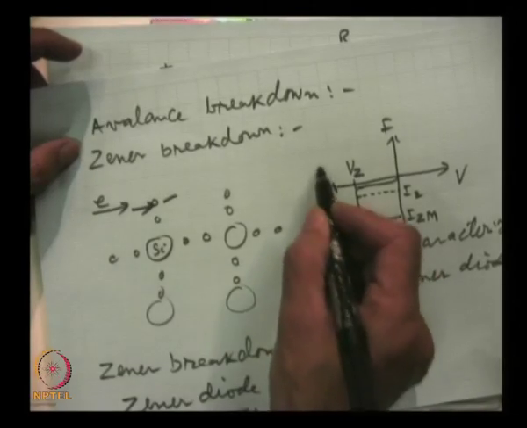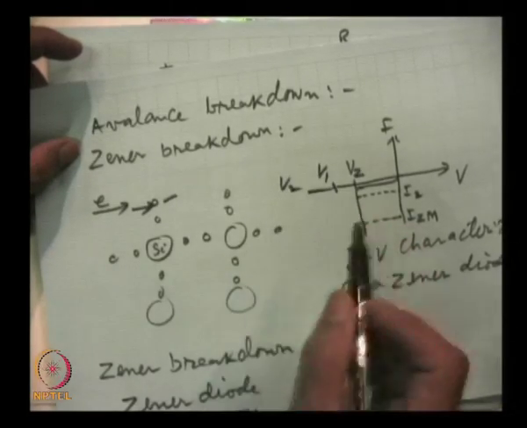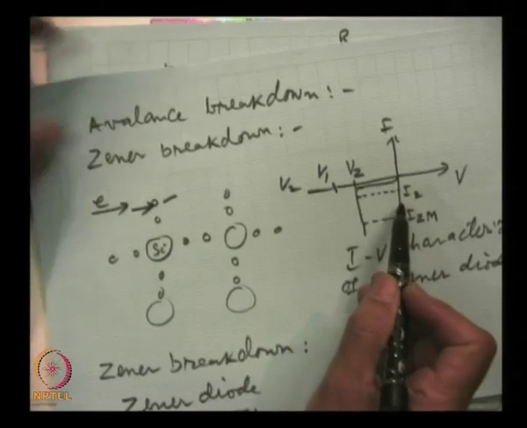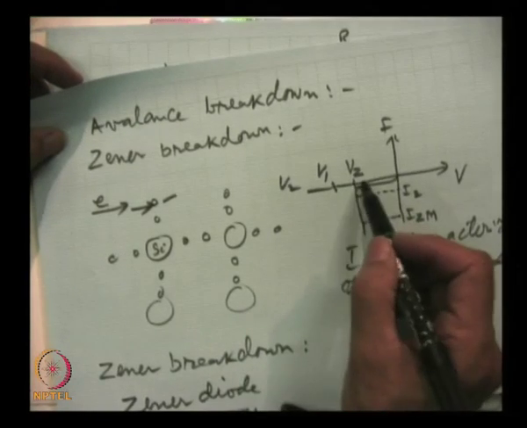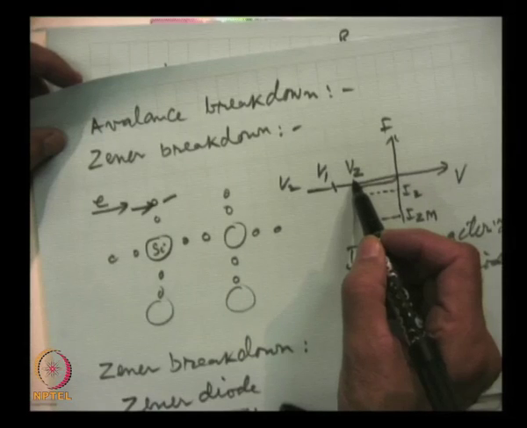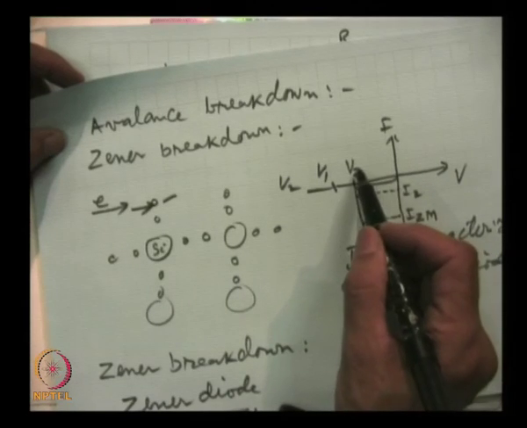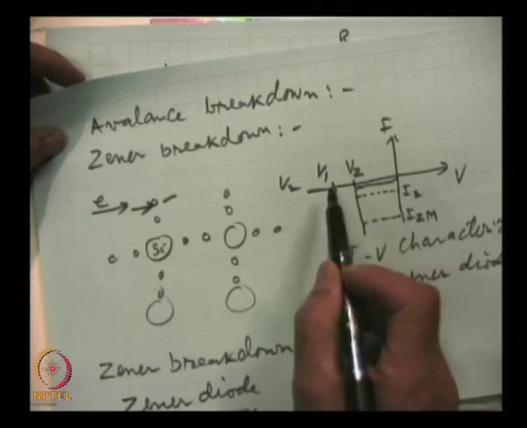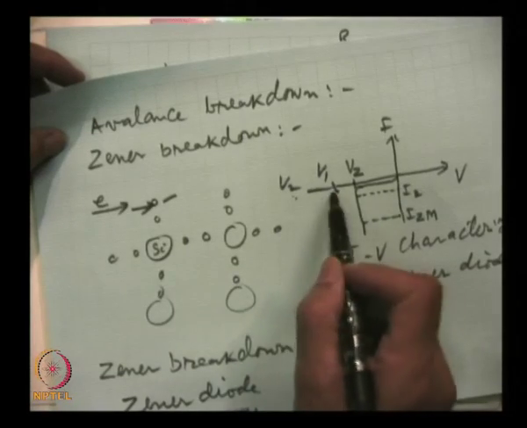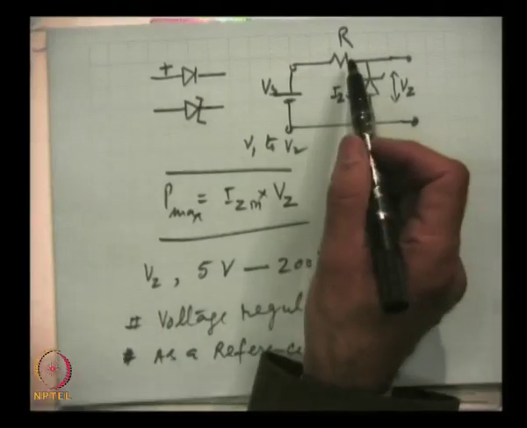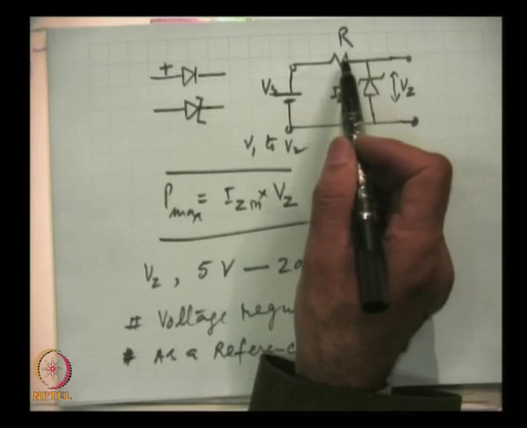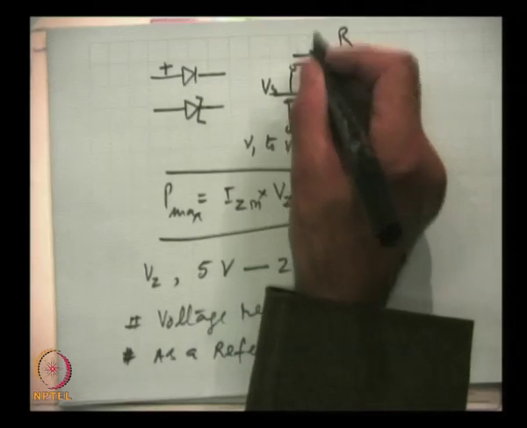We can use this device conveniently. Regulation becomes, as I explained, that if we change the voltage from V1 to V2, the current passing through the diode will change, but the voltage will always remain equal to the breakdown voltage, and the extra voltage will appear across this resistance.